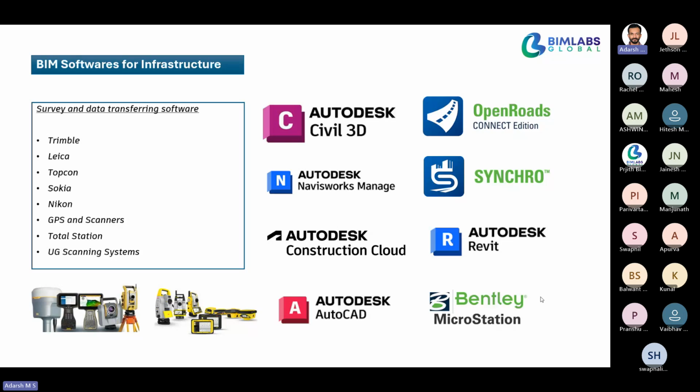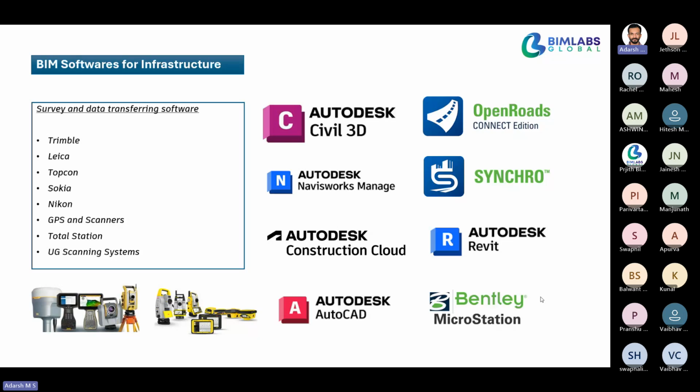Then OpenRoads by Bentley, and Synchro by Bentley for project planning. Then you must learn Autodesk Revit. Then MicroStation and AutoCAD. MicroStation is a Bentley product and AutoCAD is an Autodesk product for 2D drafting.